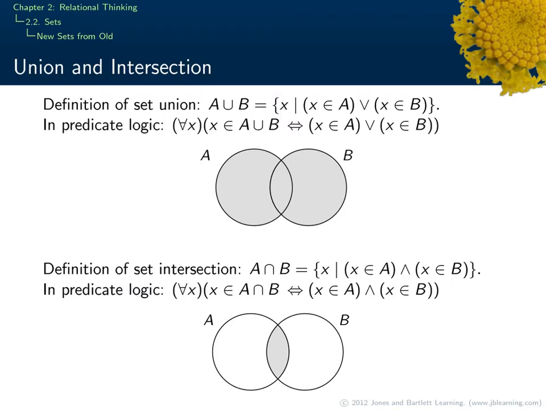There are a number of ways we can take two or more existing sets and form new sets. Two of those ways are shown on this slide. The first is this notion of set union.